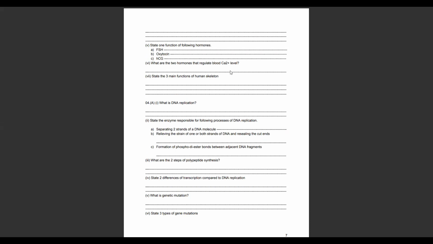Okay, then last one. State 3 main functions of the human skeleton. Support, movement, protection. 3 marks. Here also, you have to multiply your marks by 2.5 and you can convert it to 100.